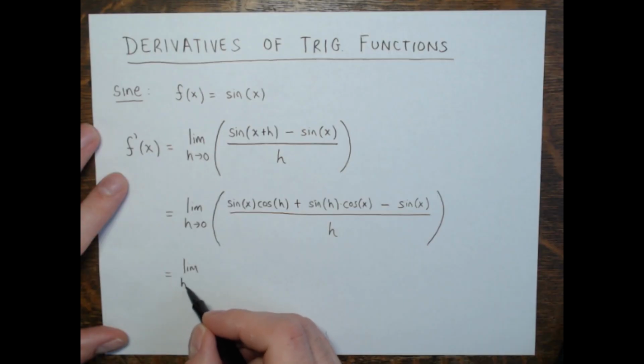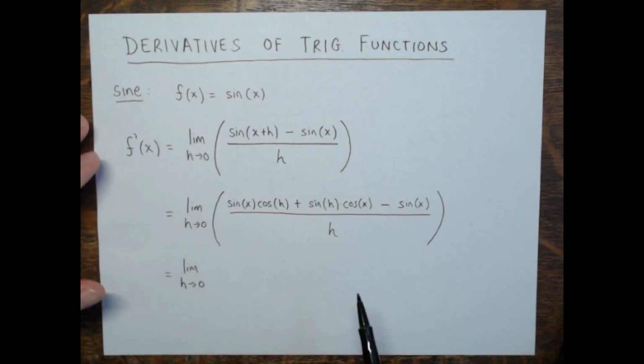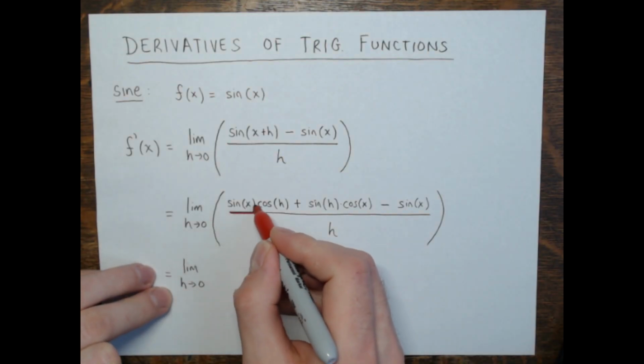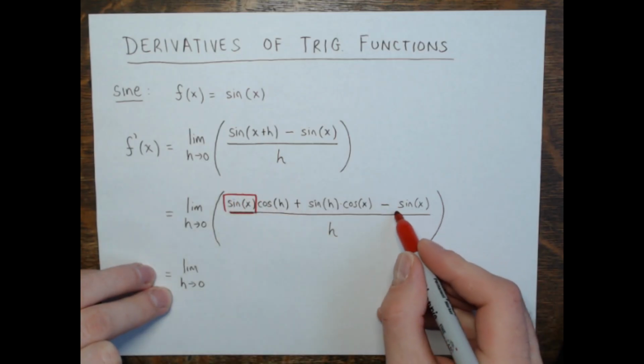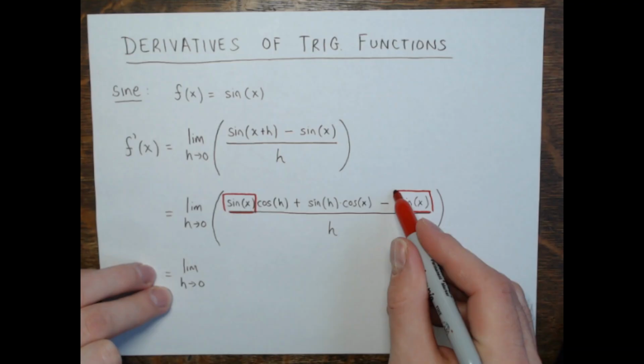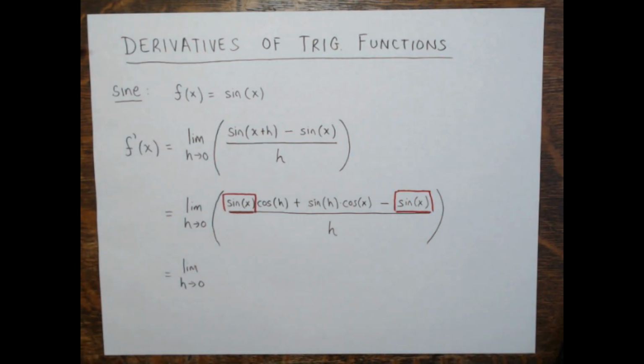The way we're going to do that is notice how the first term up there and the last term up here both have a common factor of the sine of x.